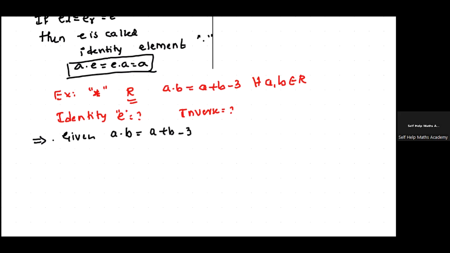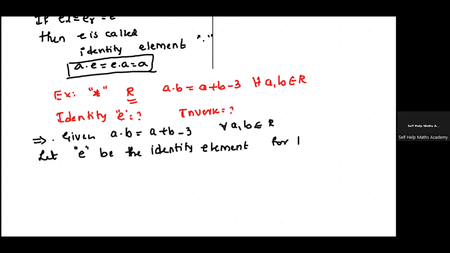This is valid for all A, B belonging to R. Now, in order to find the identity element, let E be the identity element for the binary operation dot.